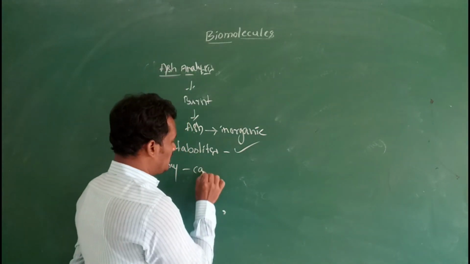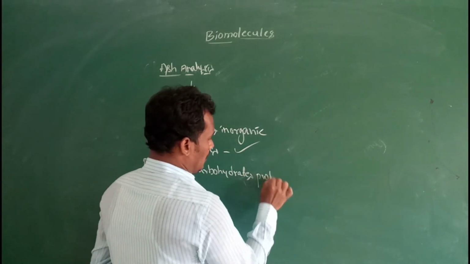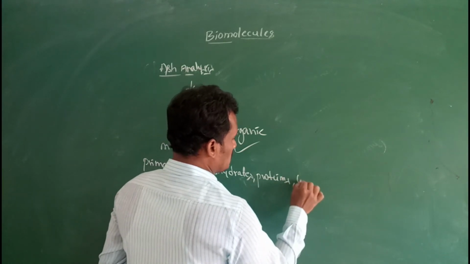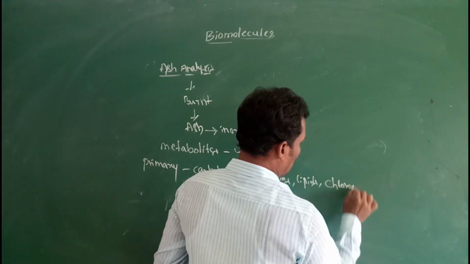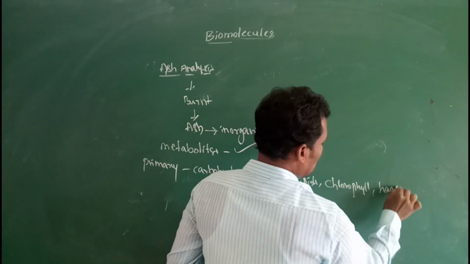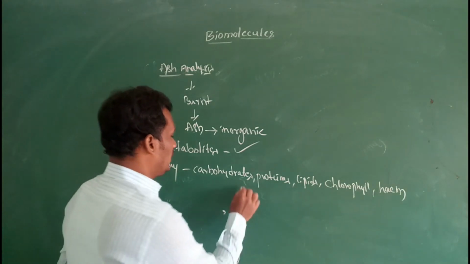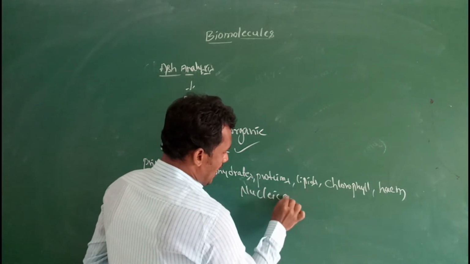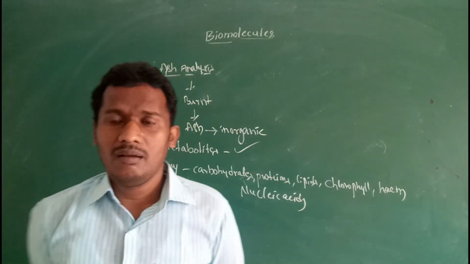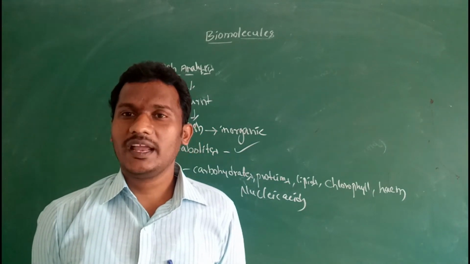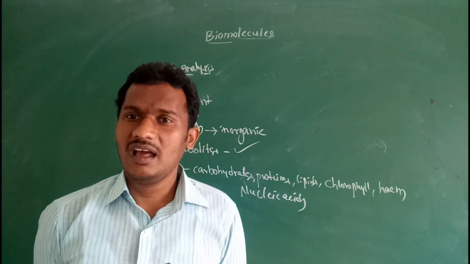Examples: carbohydrates, proteins, lipids, chlorophylls, heme, nucleic acids, etc. Without these macromolecules, these metabolites, an organism cannot complete its life cycle.